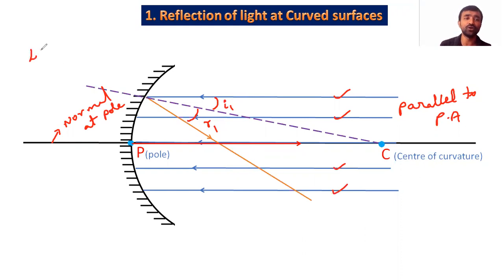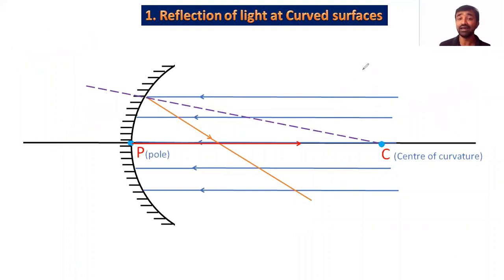Here I know angle I1 is equal to angle R1. Why? Here it is the law of reflection: the angle of incidence is always equal to the angle of reflection. So using that logic, I am completing all the light rays' behavior.